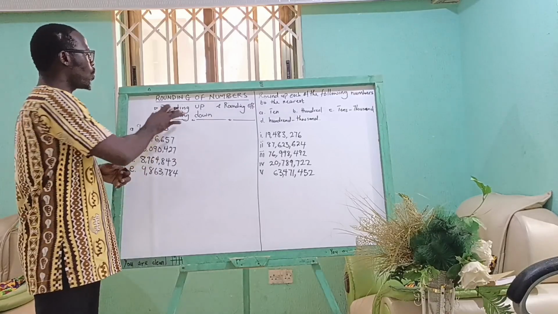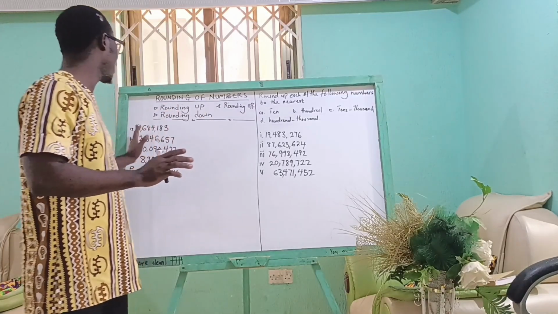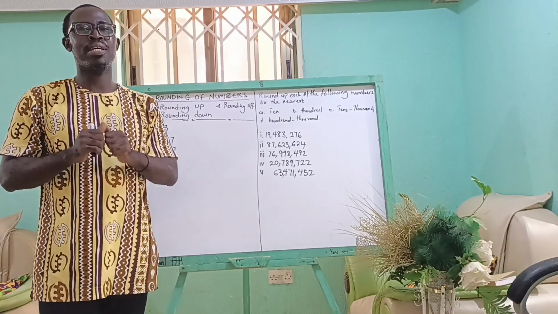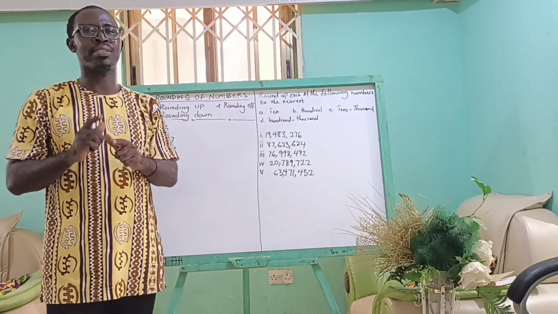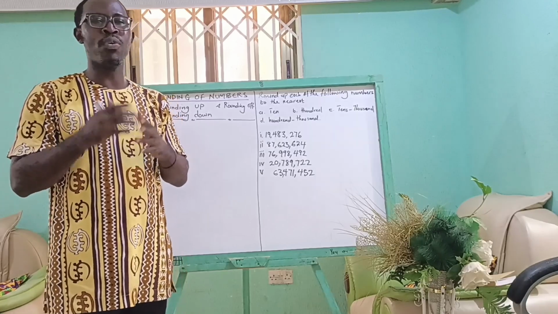All right, so rounding up, we're simply looking at these numbers and we are going to look at them in tens, in hundreds, and then we move up.